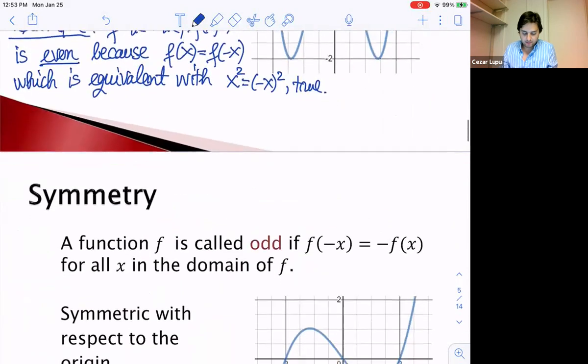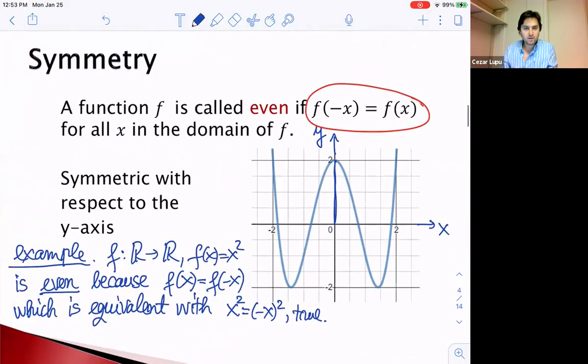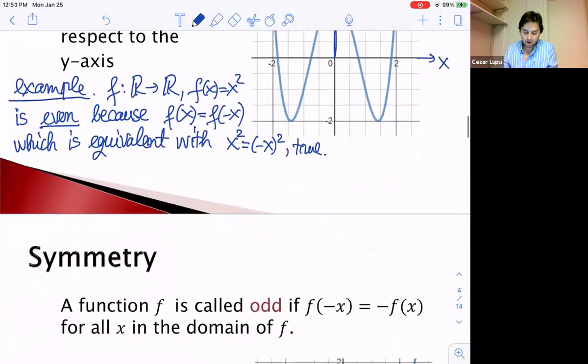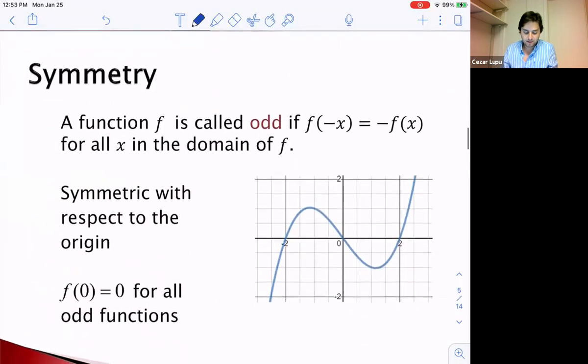Now, we have seen the even case, so let's see what happens when we have odd. Like I said, we can also have odd functions, not just even functions. So we say that a function f is called odd if f of negative x, this time is not f of x, is negative f of x. Do you understand?